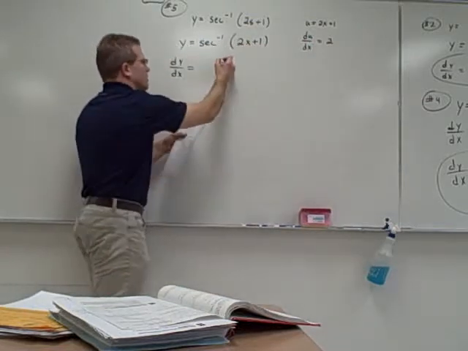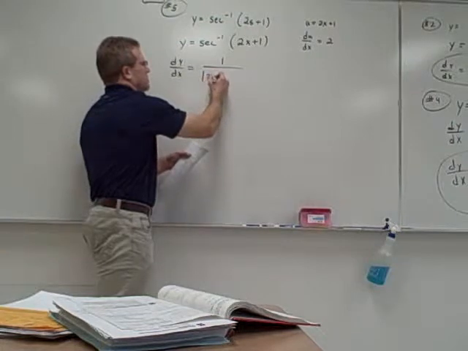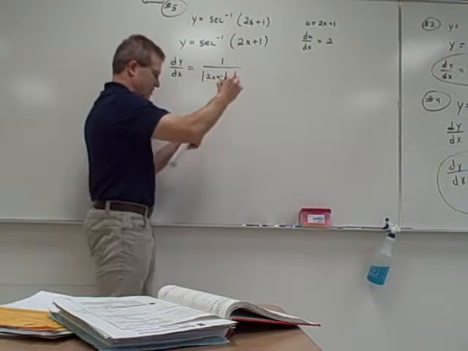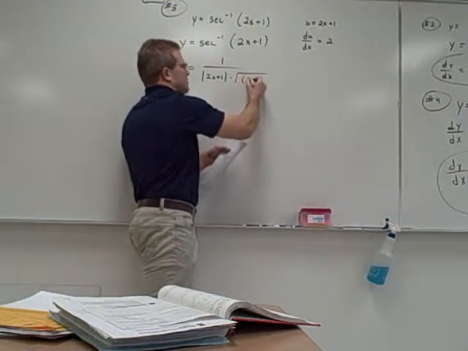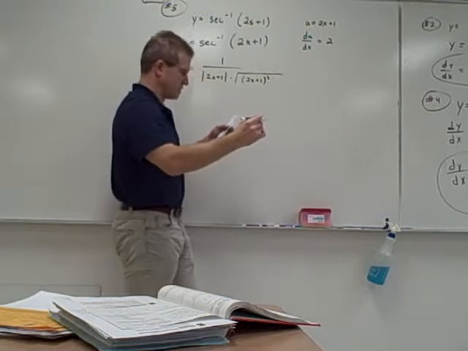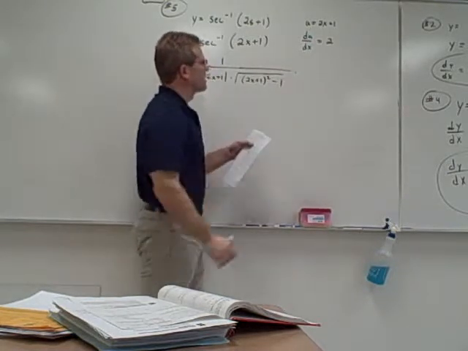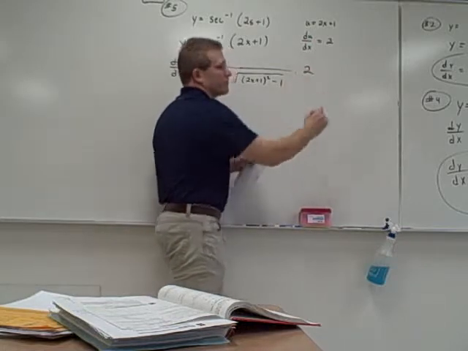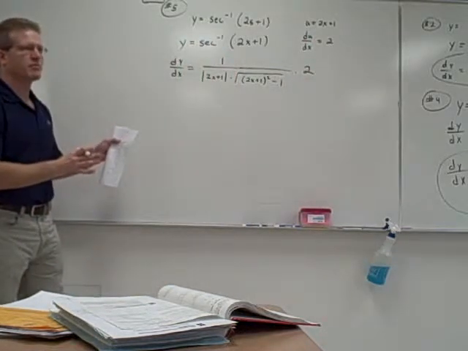Here's the formula: 1 over absolute value of u, which in this case is 2x plus 1, times the square root of u squared, so that would be 2x plus 1 squared, minus 1, times du over dx, which is 2. So if you plug things in, just plug them in the formula, that's what you'd come up with.